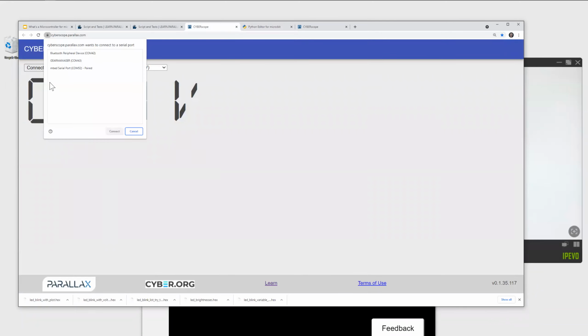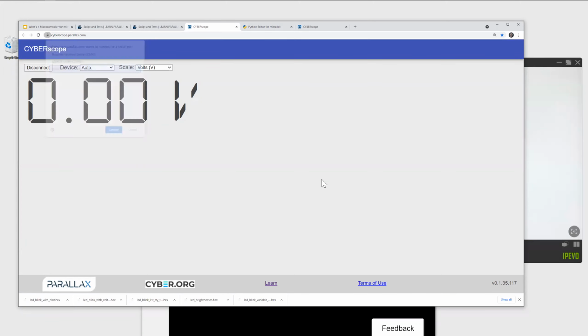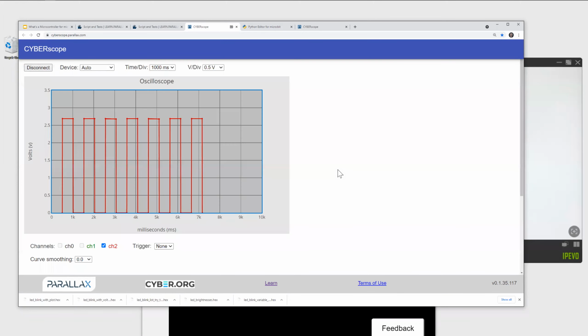You should just be able to hit connect again, choose your COM port, and it should automatically respond to the new data that's coming to it.